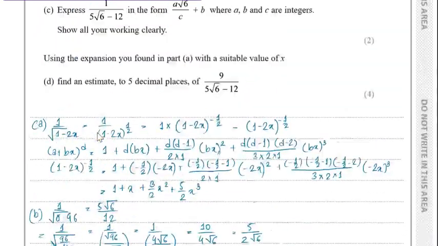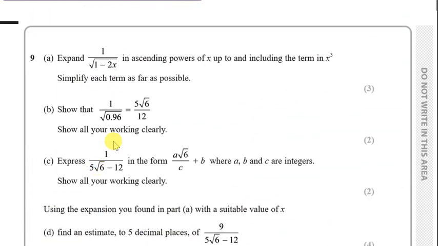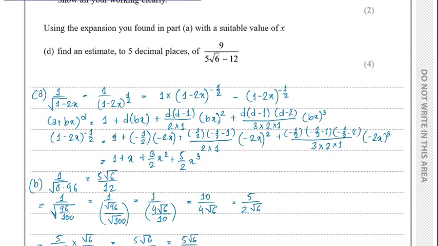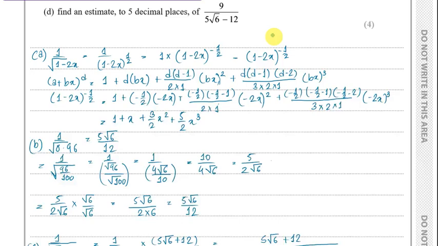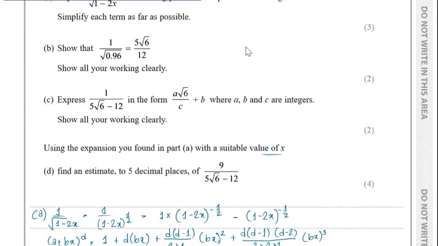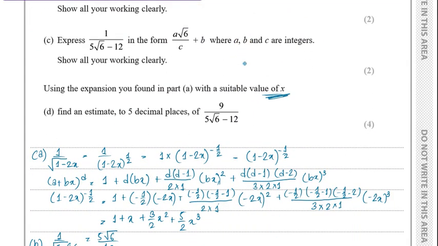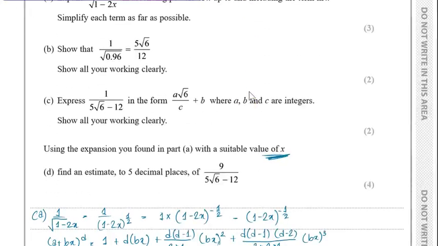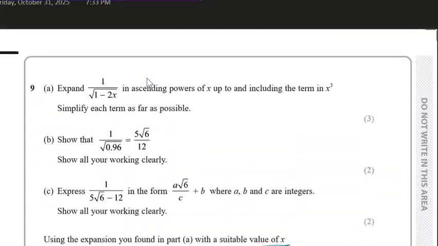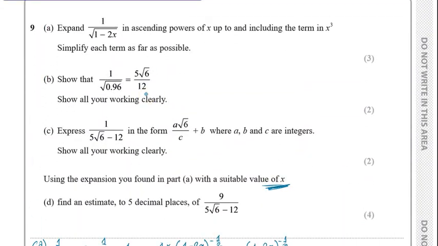And if you look at this, they have asked us to use the expansion you found in part A with a suitable value of x. So we also need a suitable value of x here. And how can we get that? We have already come up to 1 by root over 0.96. And 1 by root over 1 minus 2x looks quite similar to 1 by root over 0.96, right?